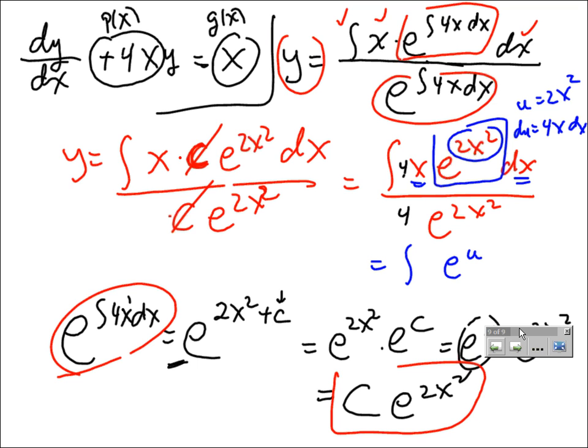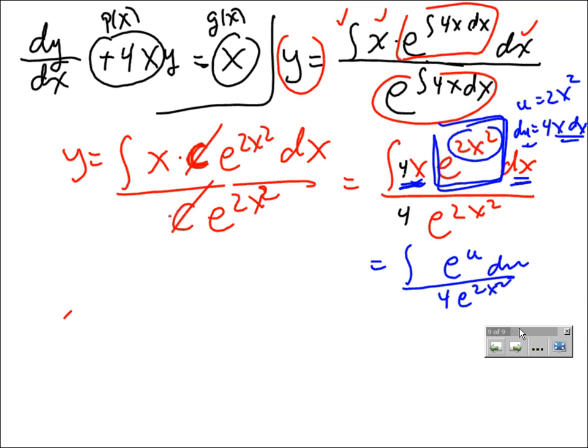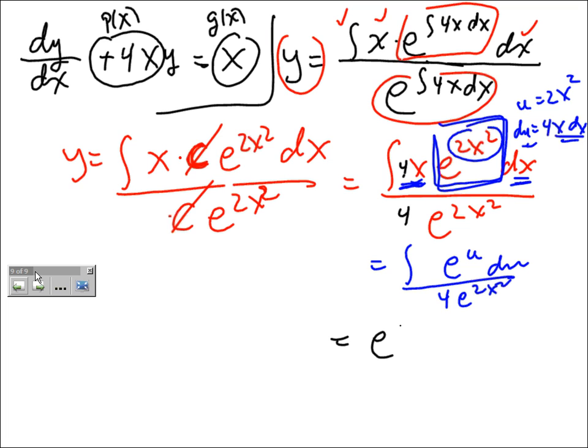So this piece is e to the u. 4x times dx, that's du. It says so right here. And in the bottom is 4e to the 2x squared. And now we're getting places. That integral I know. That integral on the top is just e to the u plus a constant over 4e to the 2x squared.